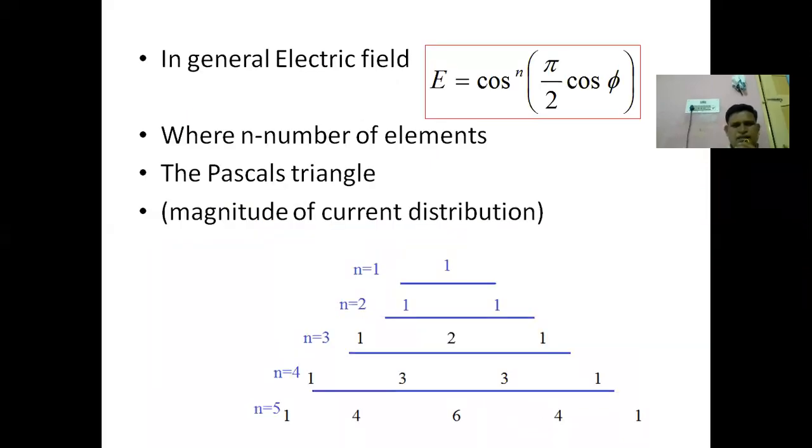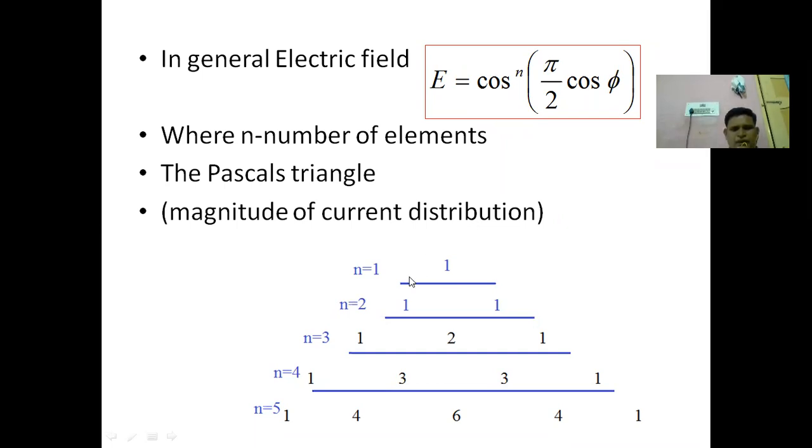In the general case, if the binomial array has n elements, the resultant electric field intensity equation is E equal to cos power n of pi by 2 cos phi. Here the values of n we can find by using Pascal's triangle. This is the magnitude of current distribution in a binomial array.